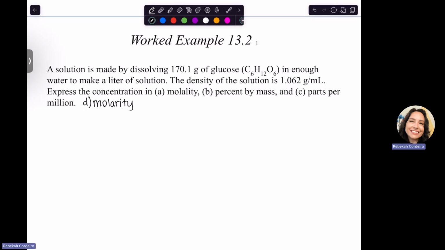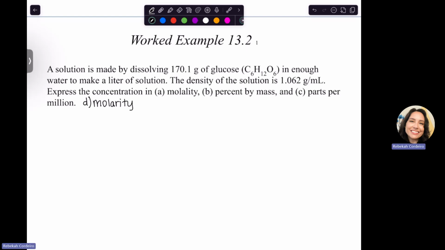Good question. So, if you can find the percent by mass, you can figure out the mass of the water by itself. I'm going to try doing the percent by mass first before you do the molality.